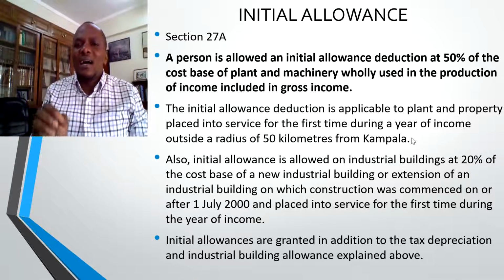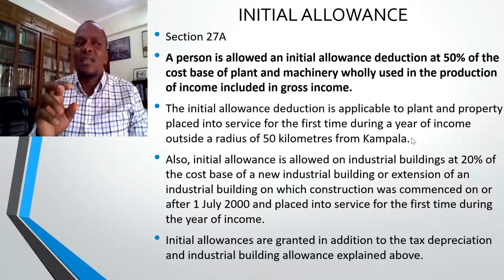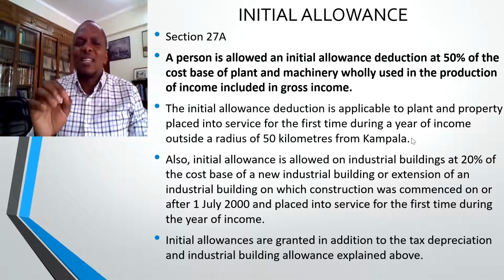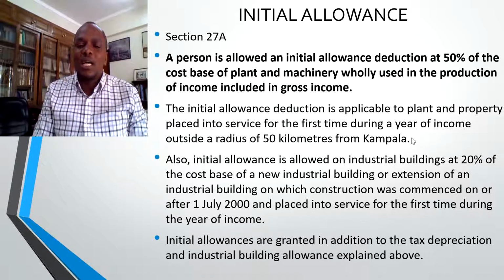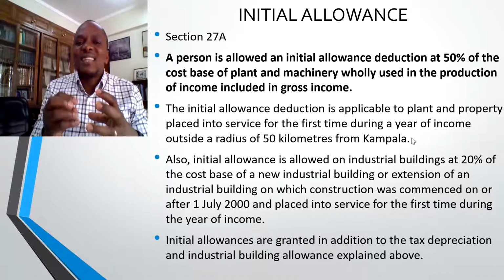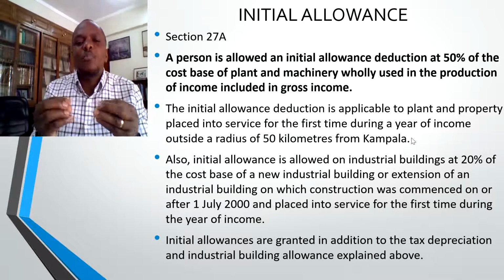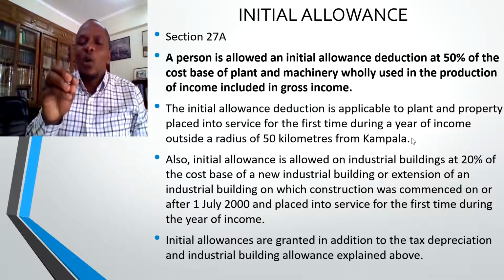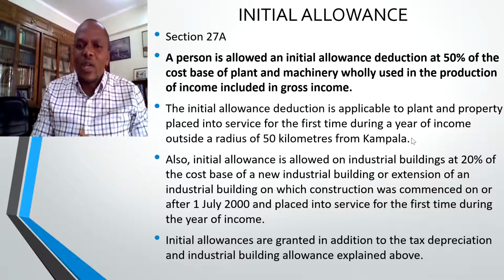I've forgotten the exact section of the law, but the general rule is all expenses of a business are allowed as a deduction. And we said that there are certain deductions which are special in nature, in that for them to be allowed, you must conform to certain conditions. So that's what we are looking at.